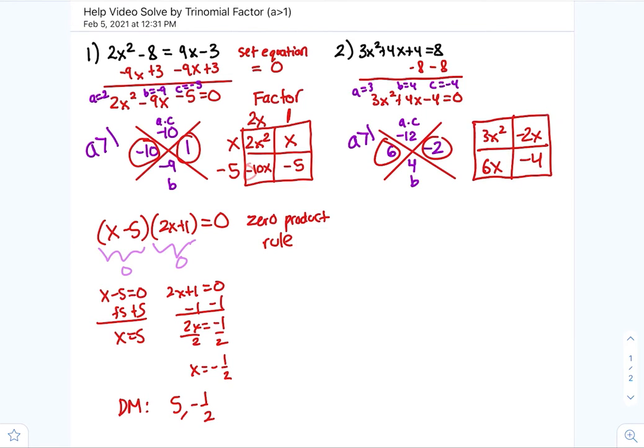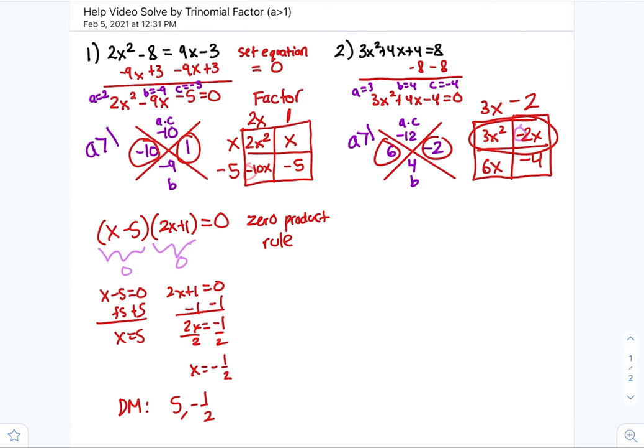Okay, factor out from the column. We have a minus sign, so that means it's definitely going to be a minus. What goes into negative 2 and negative 4? A 2. So it's going to be negative 2. Let's look here at the coefficients, 3 and 6. What goes into 3 and 6? 3. So we're going to factor out a 3. Now your variables both share an x, so we can factor out an x.